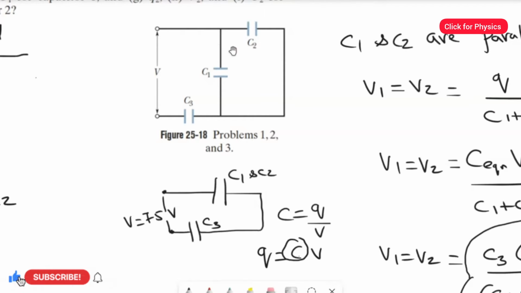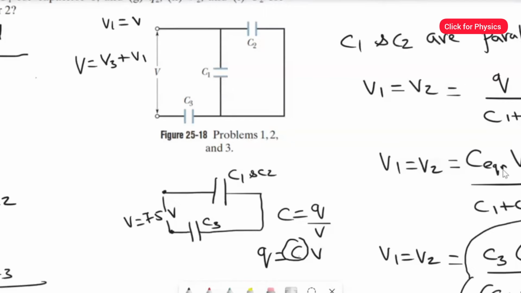V1 and V2 are the same, so I can write this equation: the potential across the entire capacitor combination is V, which is equal to V3 plus either V1 or V2. That's up to us, right? If you want to substitute V2 here, it's the same, because V1 is equal to V2, and I can take any one of them.